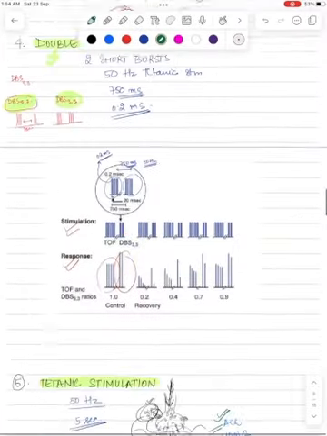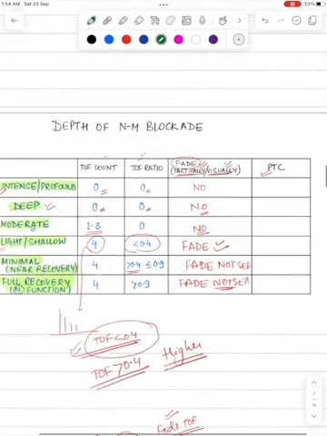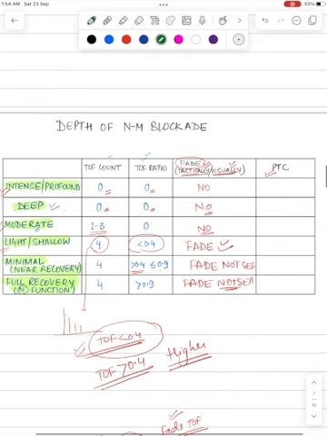Now, let us again move back to this table. This is a very important table. During an intense or deep block, only post-tetanic count stimulation allows for assessment of neuromuscular function. For example, during a deep block, when both the TOF count and the TOF ratio are 0, there is a post-tetanic count of more than 1.